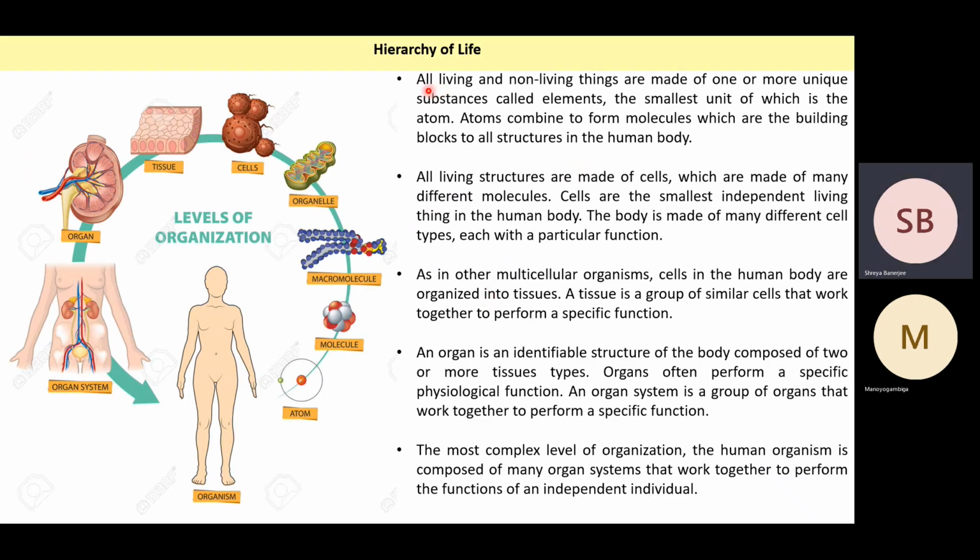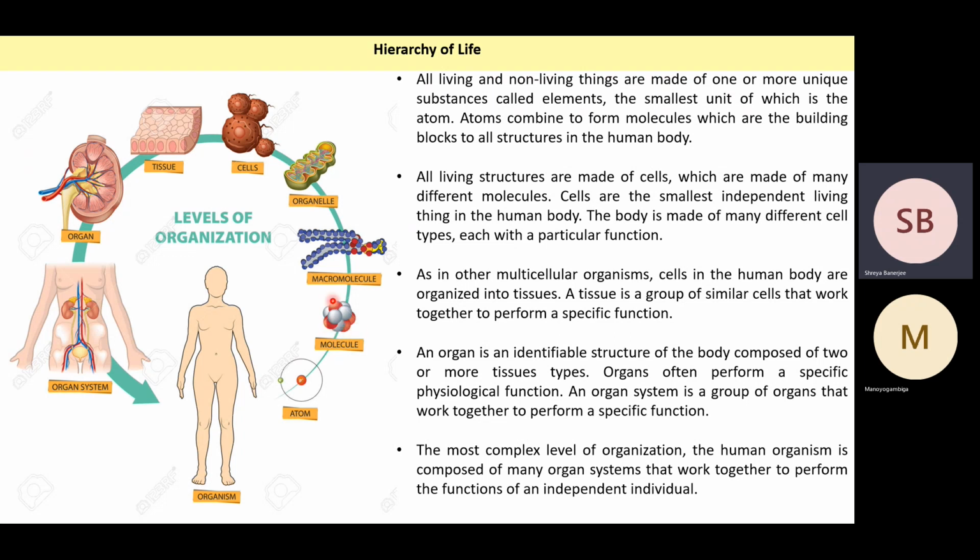Okay. So first, we will learn about the hierarchy of life. All living and non-living things are made up of one or more unique substances called elements, the smallest unit of which is the atom. Atoms combine to form molecules, which are the building blocks of all structures in the human body.